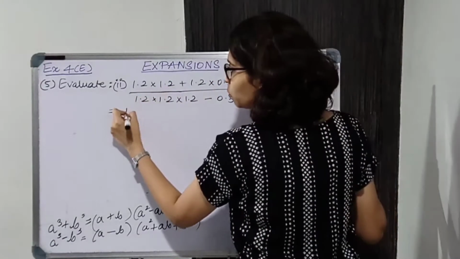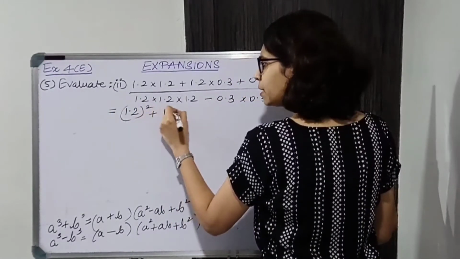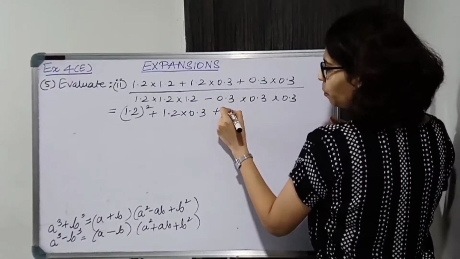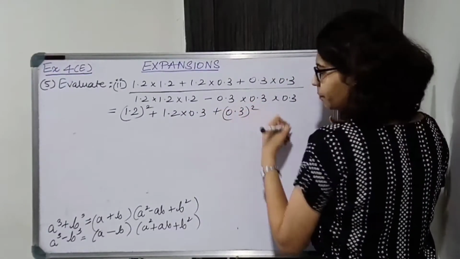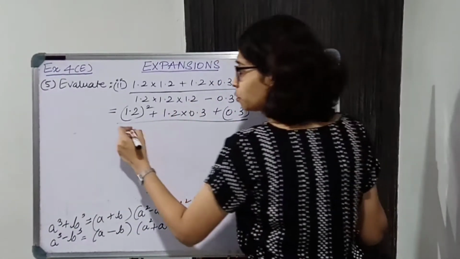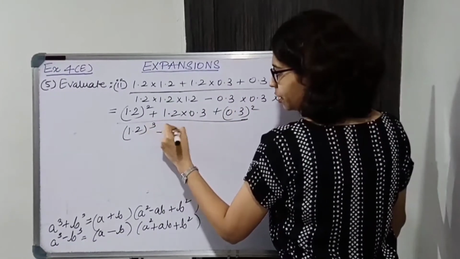1.2 into 1.2 will become 1.2 square. 1.2 into 0.3, keep it as it is, plus 0.3 into 0.3, that will give 0.3 square. This whole upon 1.2 into 1.2 into 1.2, that is 1.2 cube. Same thing over here, 0.3 cube.